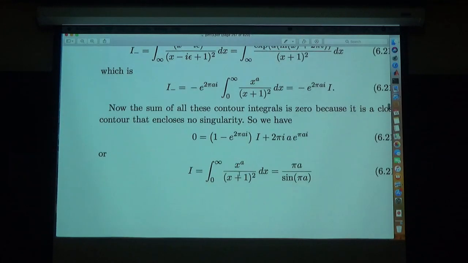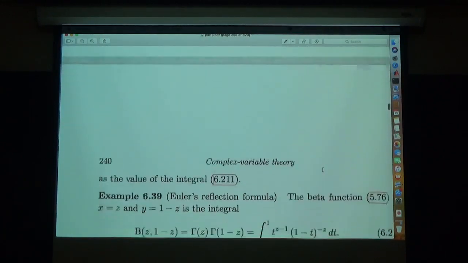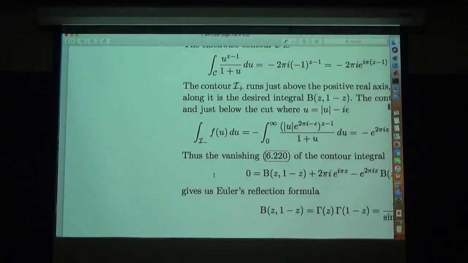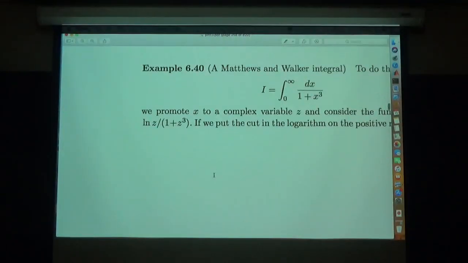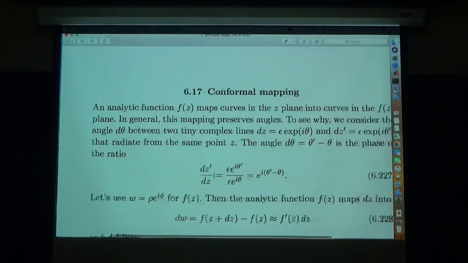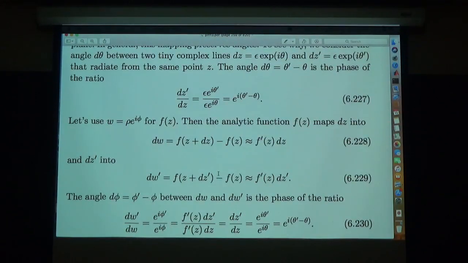Resolving that, we find that I is pi a over sine of pi a. So that's a somewhat complicated example of such things.